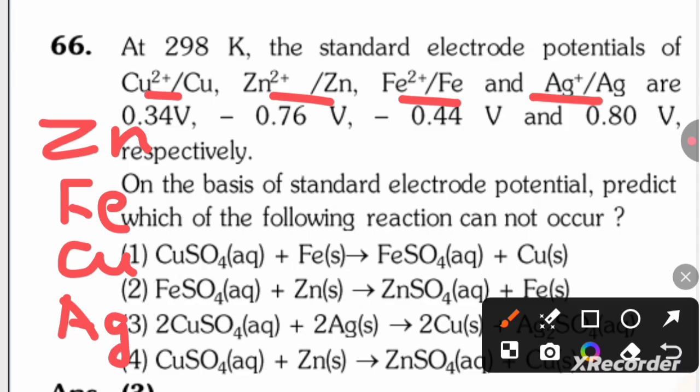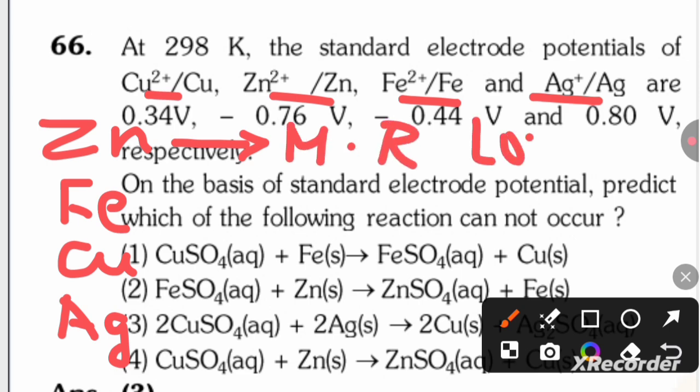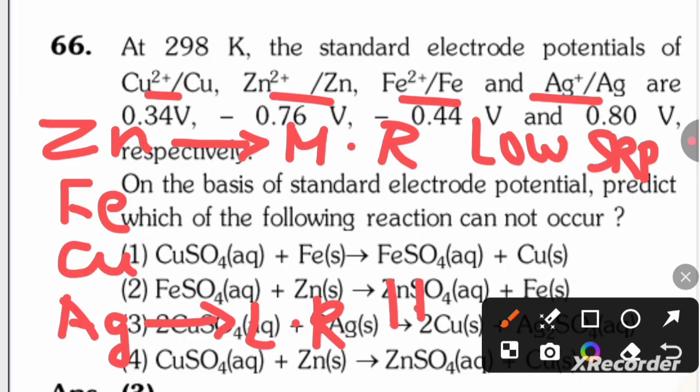The metal at the topmost position is more reactive, and the more reactive metal has a low standard reduction potential. You can see in the question itself, zinc has the lowest standard reduction potential among the given options, and silver is at the bottom of the electrochemical series. It is less reactive, and it has a high standard reduction potential of 0.80 volt.